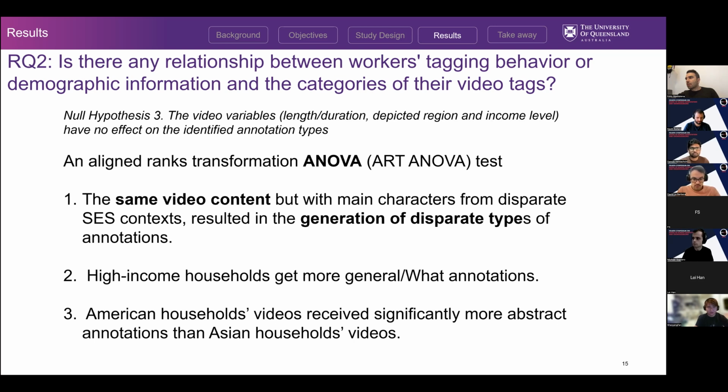For example, for the same radio content, the families in the radio from different backgrounds will result in totally different types of annotations. For example, we found a high-income family receives more general word annotations, and a family in America receives more abstract annotations than Asian families.